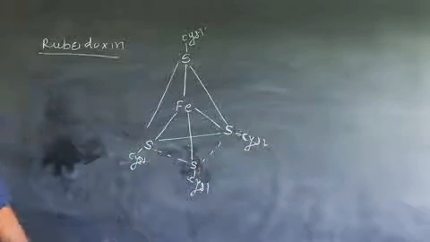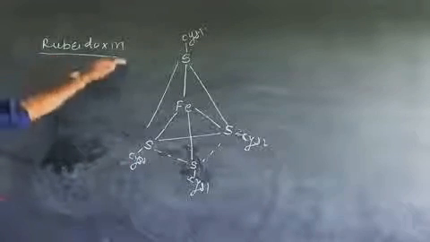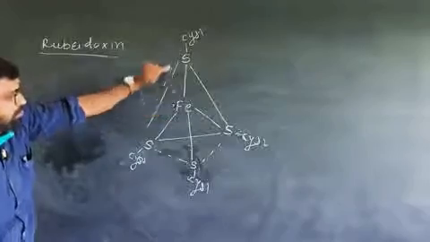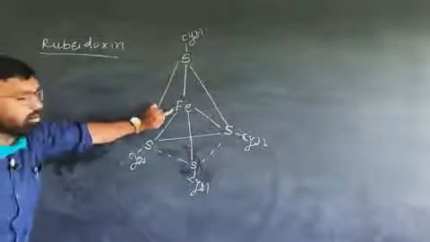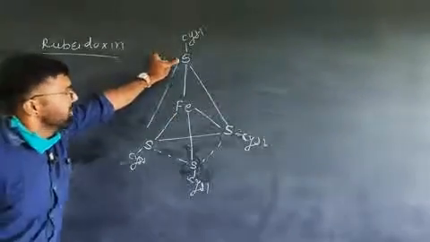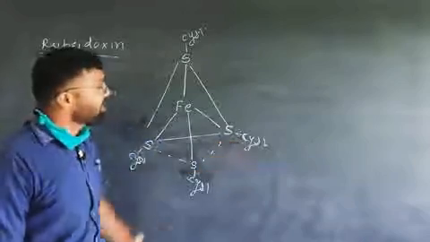This is the geometry of the structure of rubredoxin. In rubredoxin, iron is present. It is the central metal, with sulfur, sulfur, sulfur, sulfur of cysteine units.